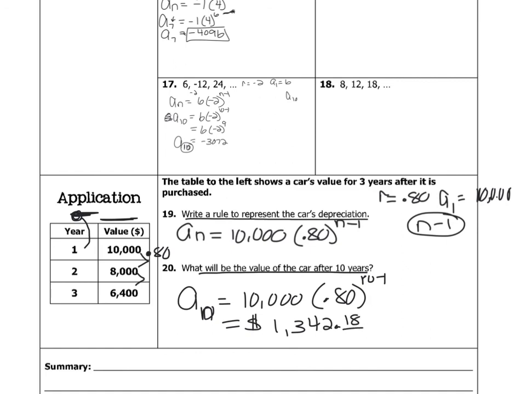So your car value in 10 years would be that. So this is the first term, so you don't have to go back like you do on the exponential tables.